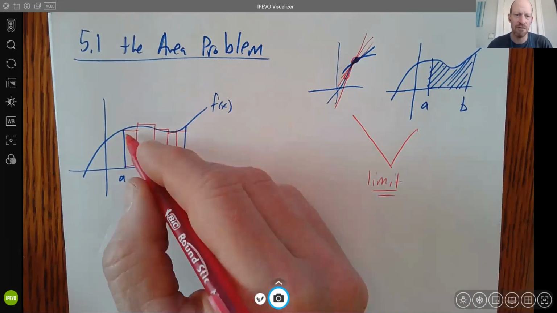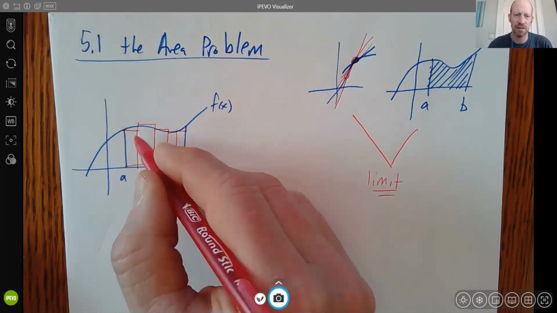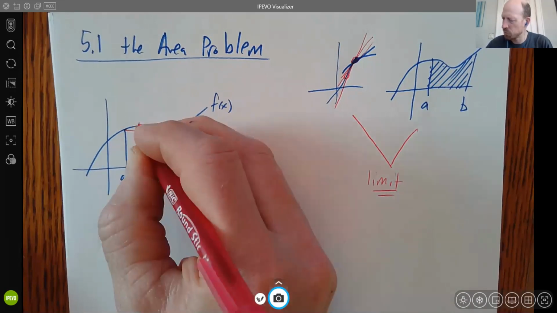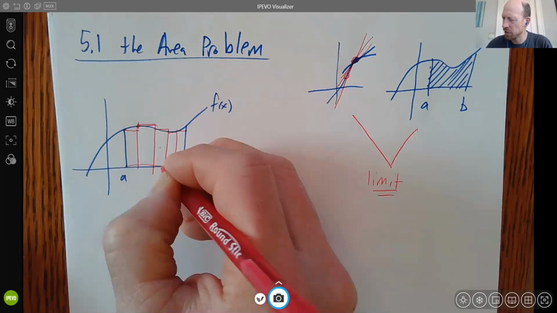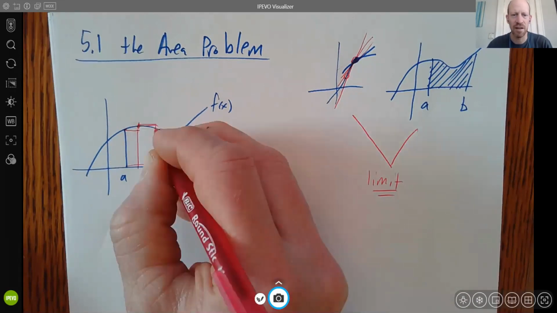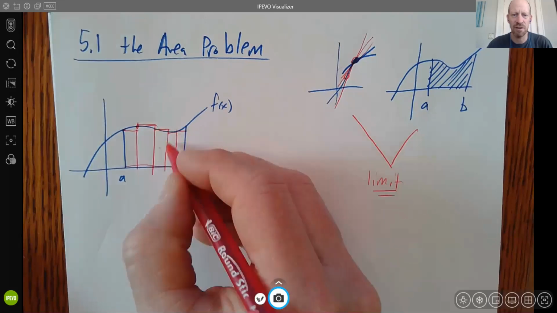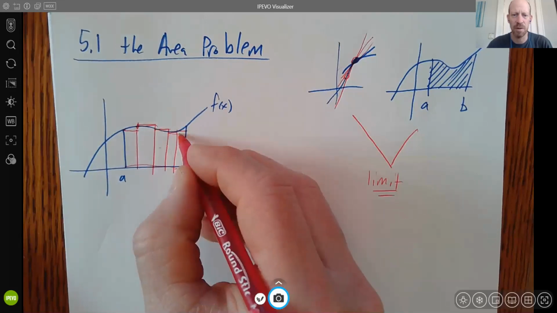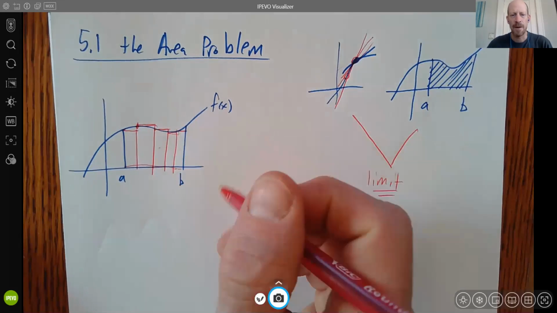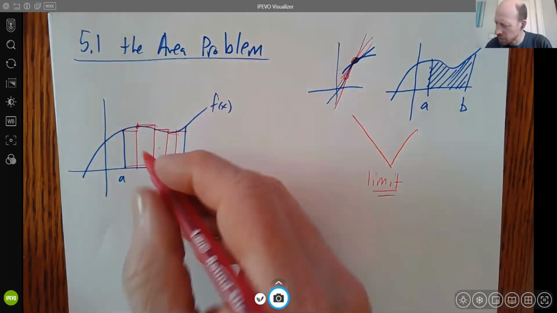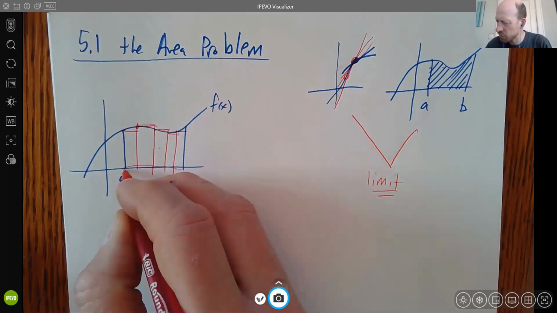Now notice I had to figure out the height of each of these rectangles. What I tried to do was, when I looked at the rectangle, I just went up the left side and used wherever that hit the function as the height of that rectangle. A little hard to see from my picture, right? And so what I can think of here are these values.